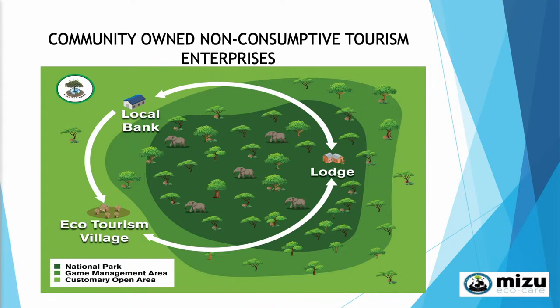You now invite tourists to come and savor all these in these eco-villages. And the money generated from there goes into the local bank account, not externalized in an account abroad. Their money, they can withdraw it anytime and use it to improve their livelihoods and invest in other businesses, such as owning a lodge in the GMA and owning a lodge in the national park.